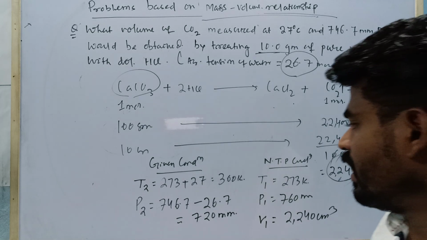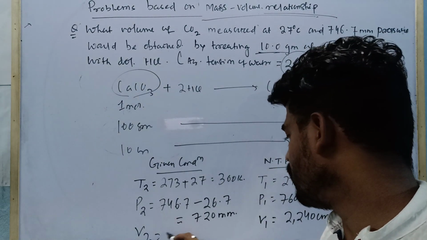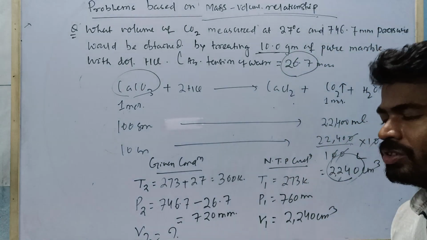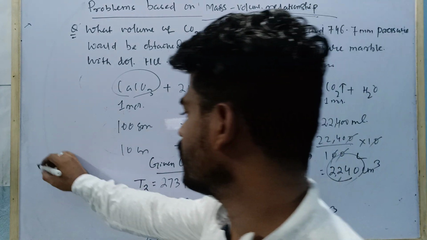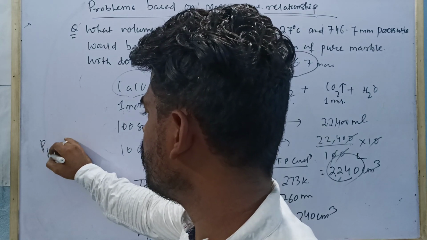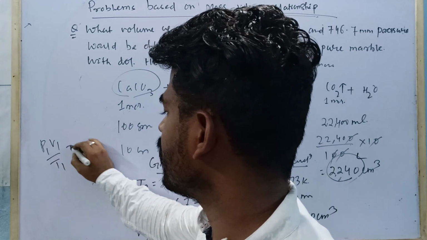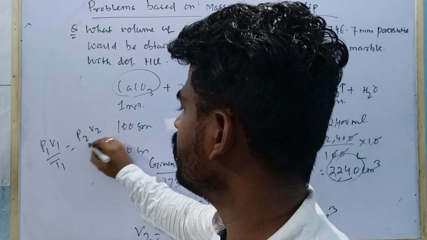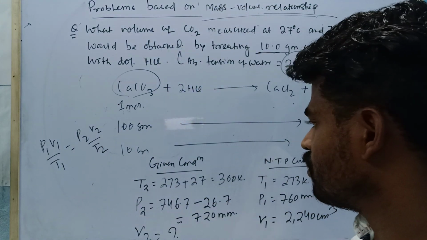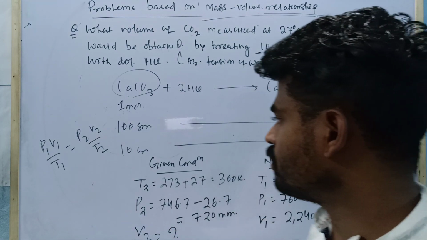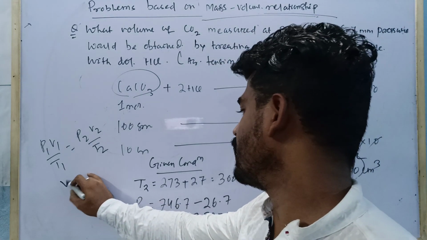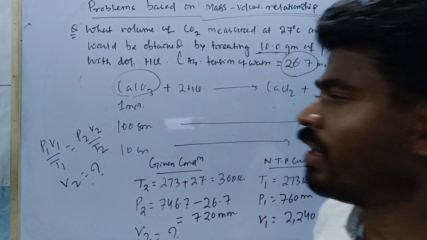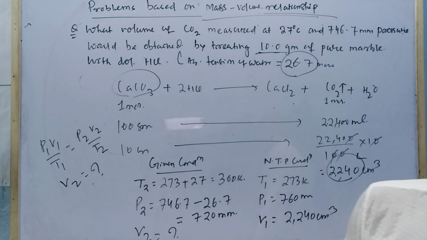Then you have to calculate the volume V2. So you just apply the formula P1 V1 by T1 equals P2 V2 by T2. Then put the different values and calculate V2.